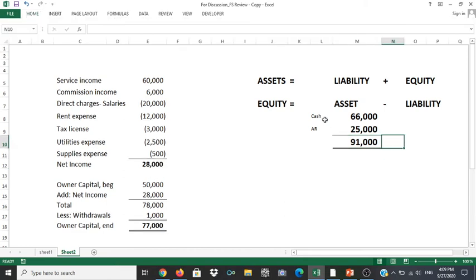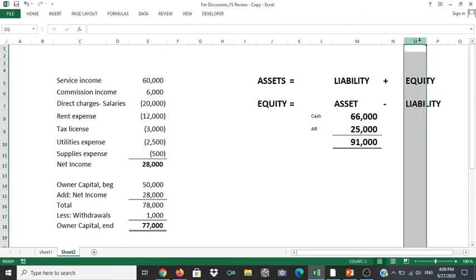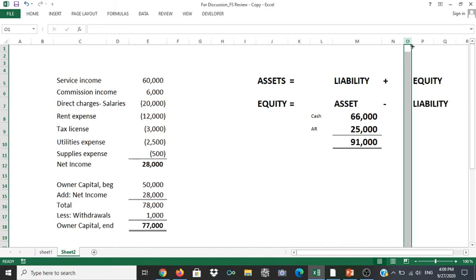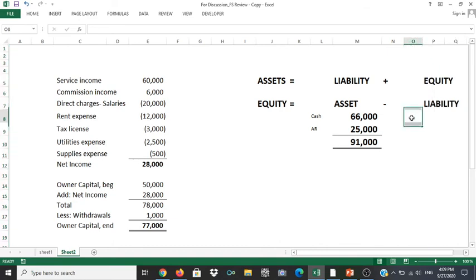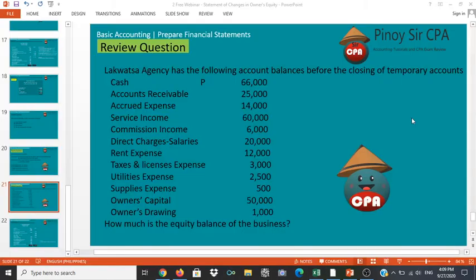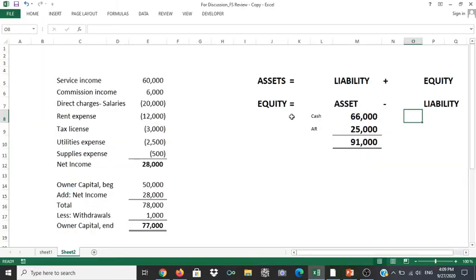Then, ima-minus natin whatever is the balance of liability. Okay? So, pakita lang natin ha. Ano ba yung liability account lang na meron tayo dun sa information given? 'Di ba ito lang? Ito, accrued expense. So write it. Accrued expense.